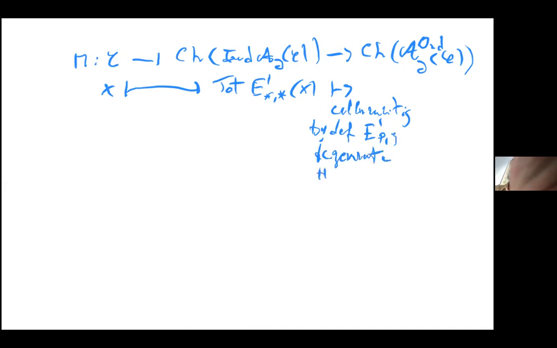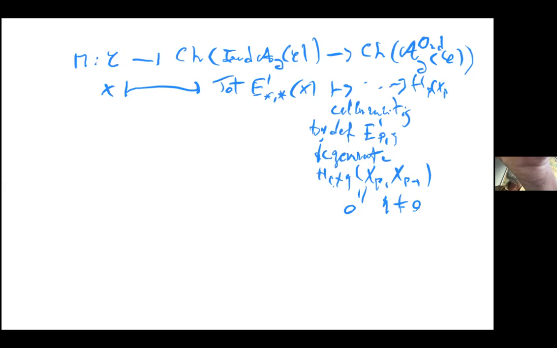so with H_{p+q}(x_p, x_{p-1}) being 0 for q different from 0. So you have only this, and then this means that we have a complex like this one, H_p, which is the usual cellular complex, okay?